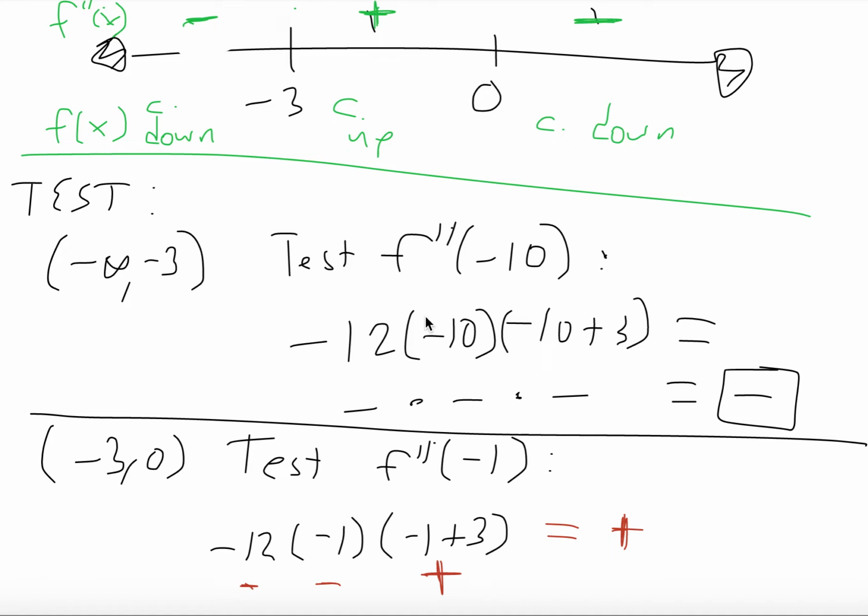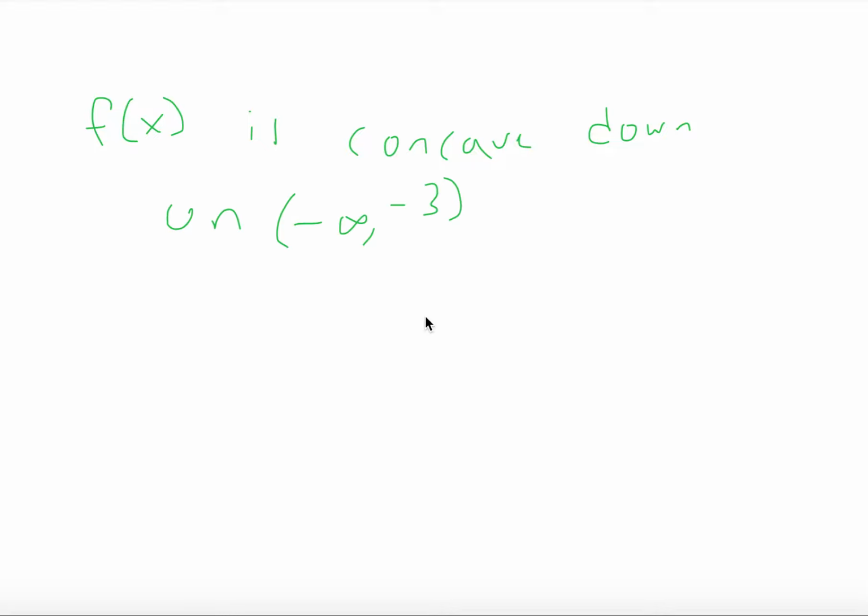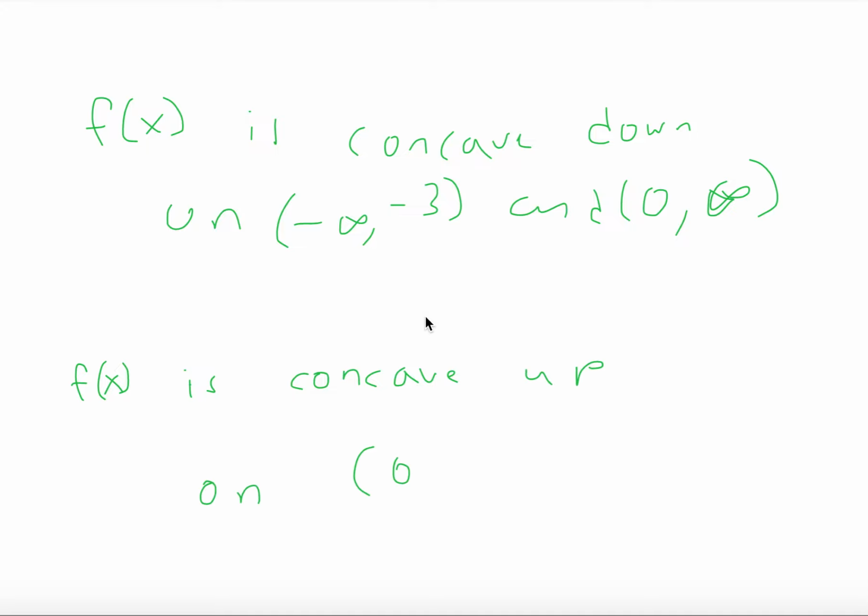So the conclusion that I would draw from this process is that f of x is concave down on negative infinity to negative 3 and 0 to infinity, and f of x is concave up on negative 3 to 0.